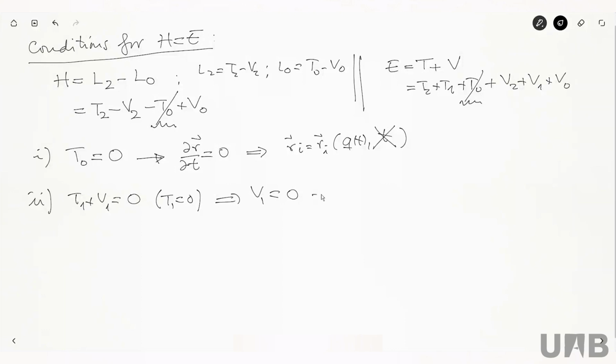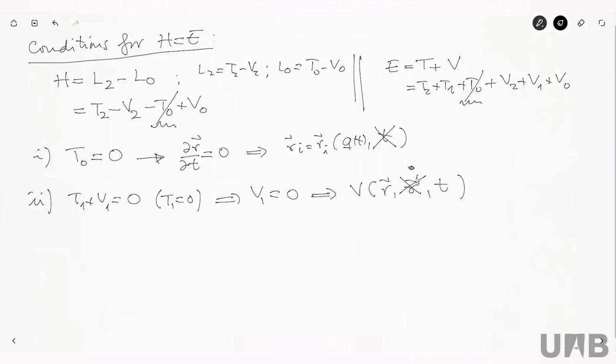Okay, so that means that the potential may depend on r, but it cannot depend on velocities, right? The potential cannot depend on velocities. And this is the reason why the energy and the Hamiltonian are not the same for the electromagnetic system, because the potential does depend on velocities. Okay?